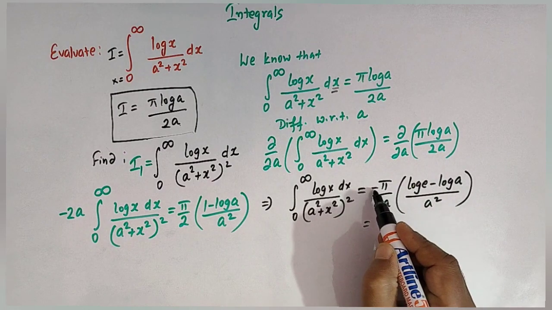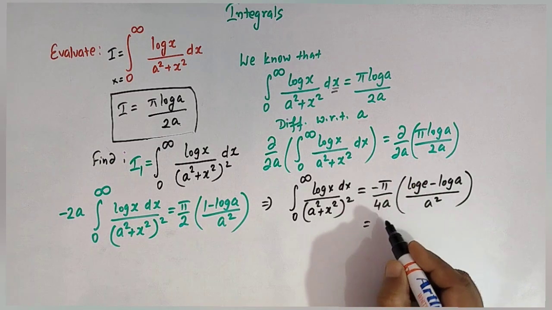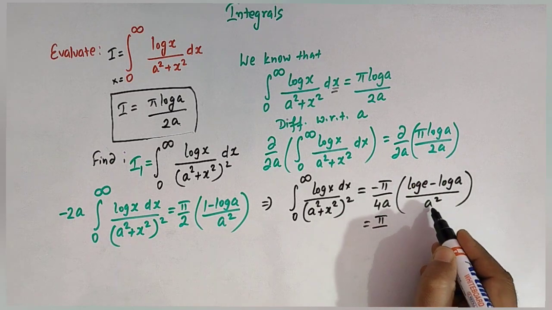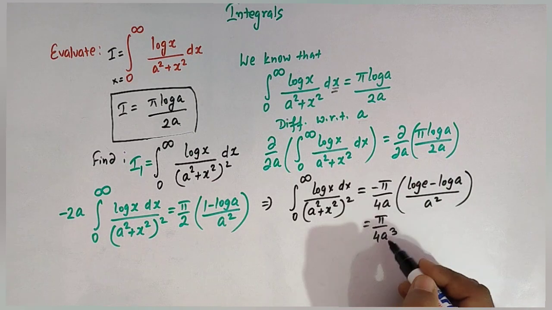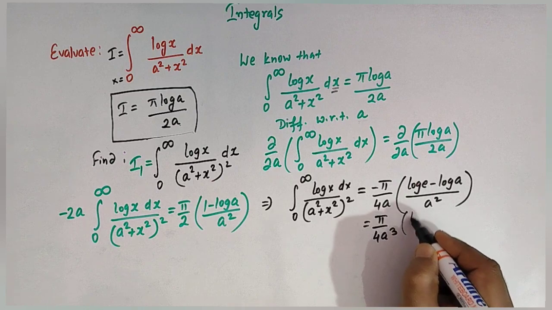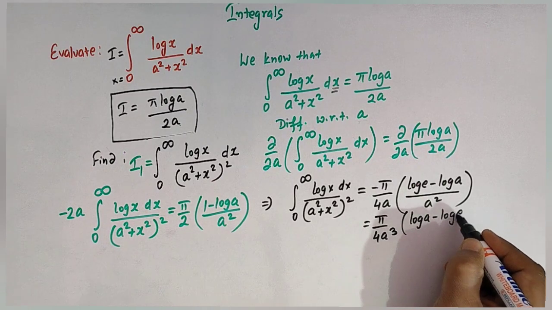Now taking this negative sign inside the bracket, we have pi over 4a cube, since this is a square and this is a, times log of a minus log of e.